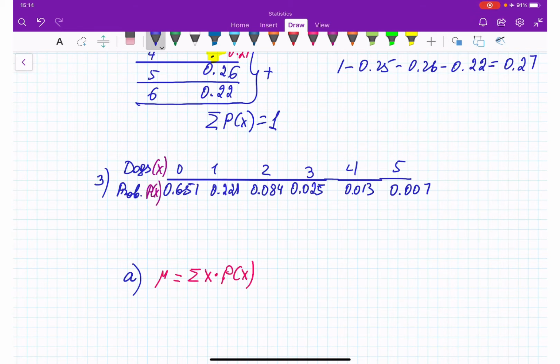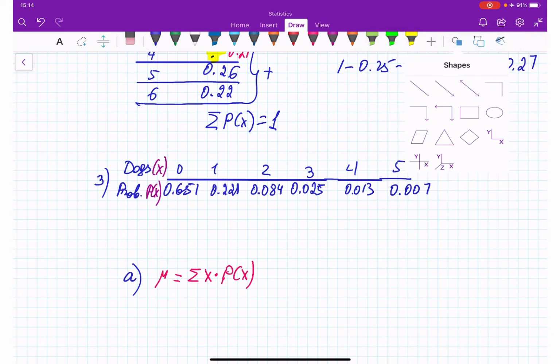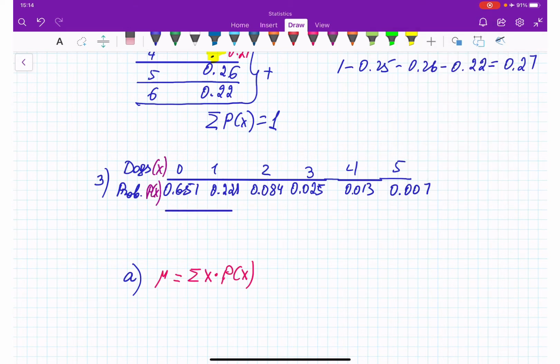Okay, now I'm going to provide a third line here, and underneath I'm going to put probability distribution. So here I will have x times probability of x, which means it's going to be 0 times 0.651. Well, I will need much more space.